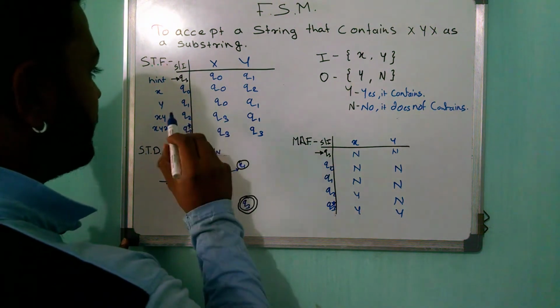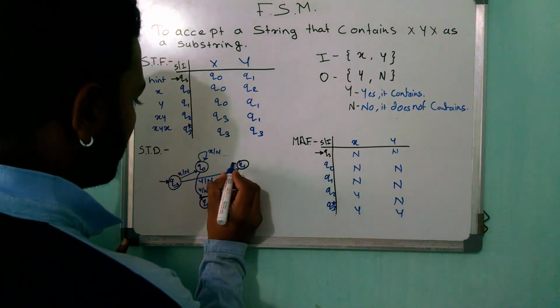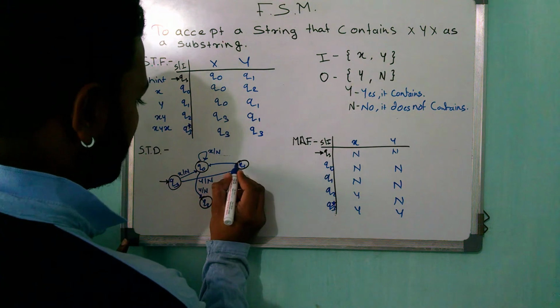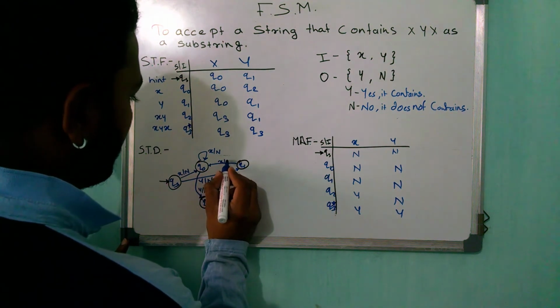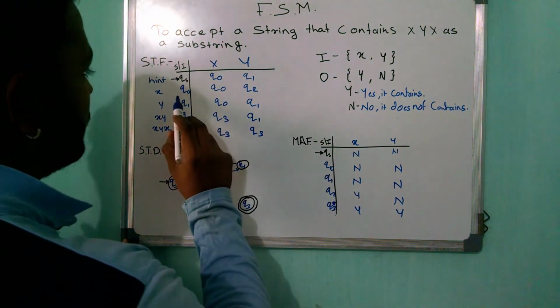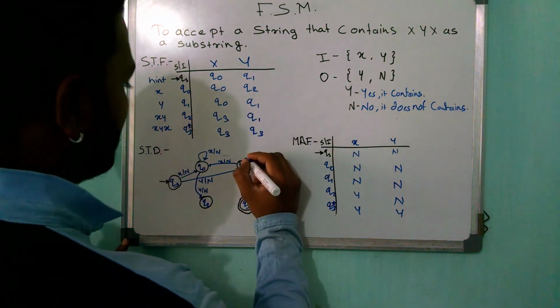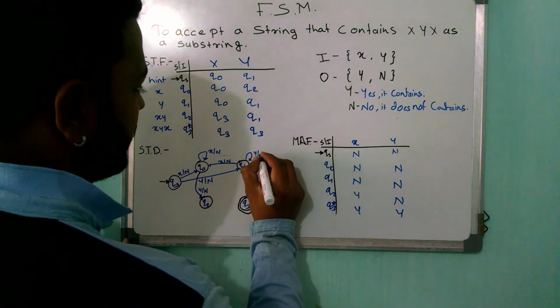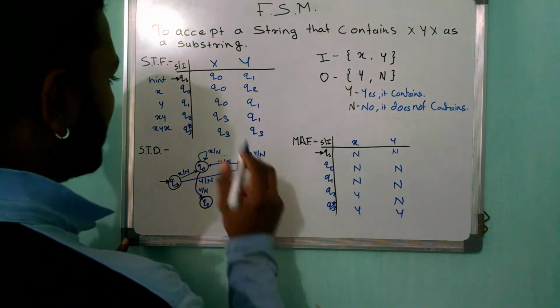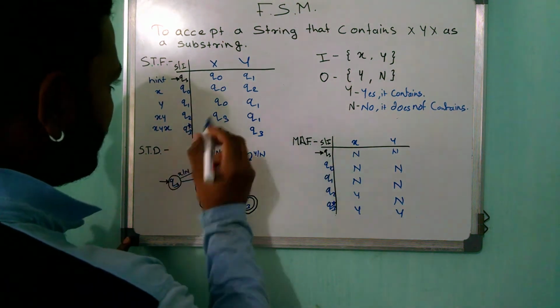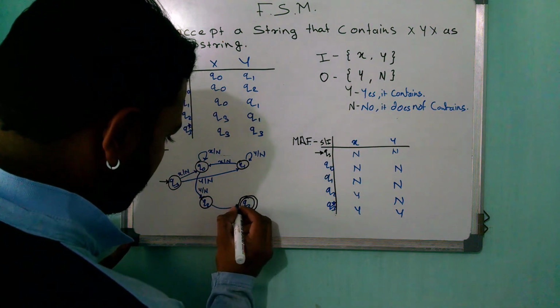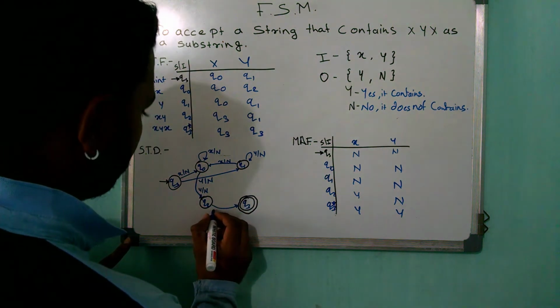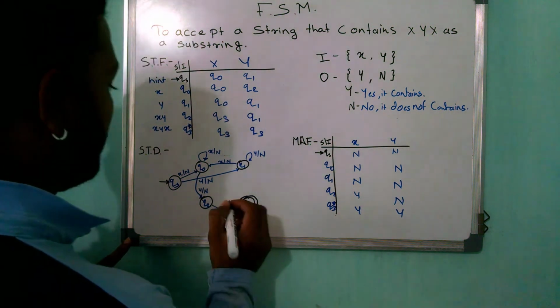From q1 we go to q0 with x as the input and no as the output. From q1 we go to q1, a self loop, with y as the input and no as the output. Then from q2 we go to q3 with x as the input and yes as the output.